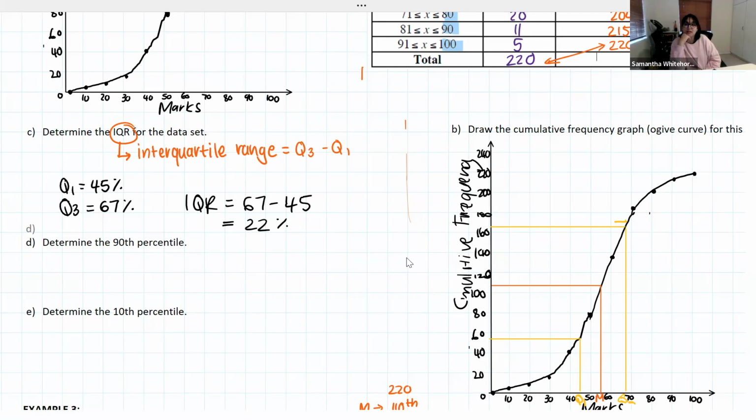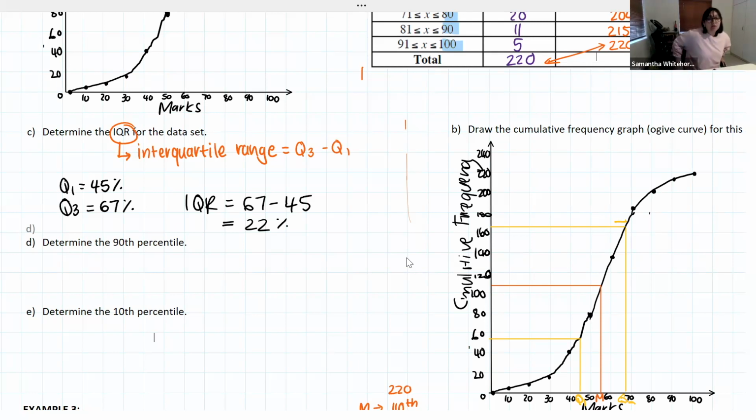What does the word percentile remind you of? What does it sound like? Okay, good. It sounds like percentage.